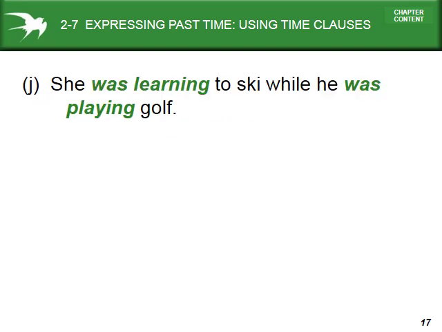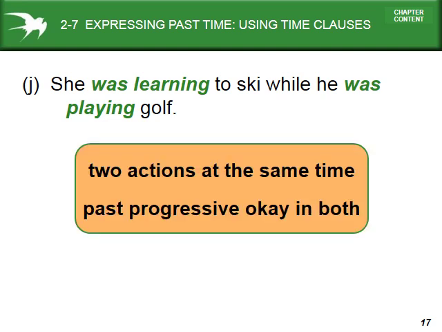So let's look at a different example. She was learning to ski while he was playing golf. Now, in this case, we have two actions that are both happening at the same time. Okay? And we have the time word while. So in this situation, we can use the past progressive in both clauses when we have while.